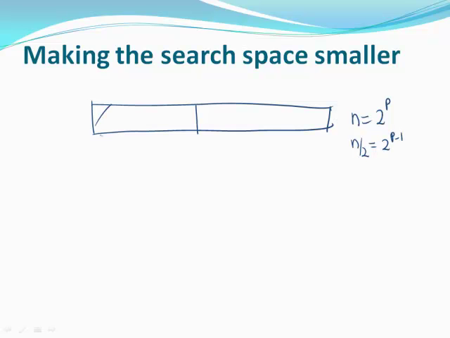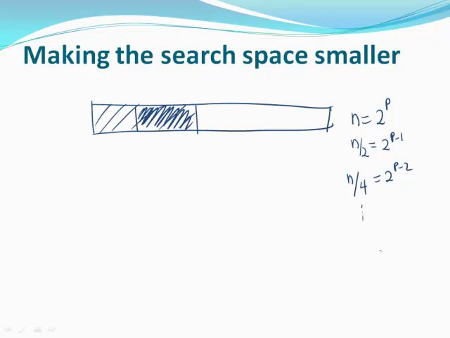So our search space is this. Then after another iteration, you would have reduced the search space by another factor of 2. So maybe we are focusing on this part of the array.